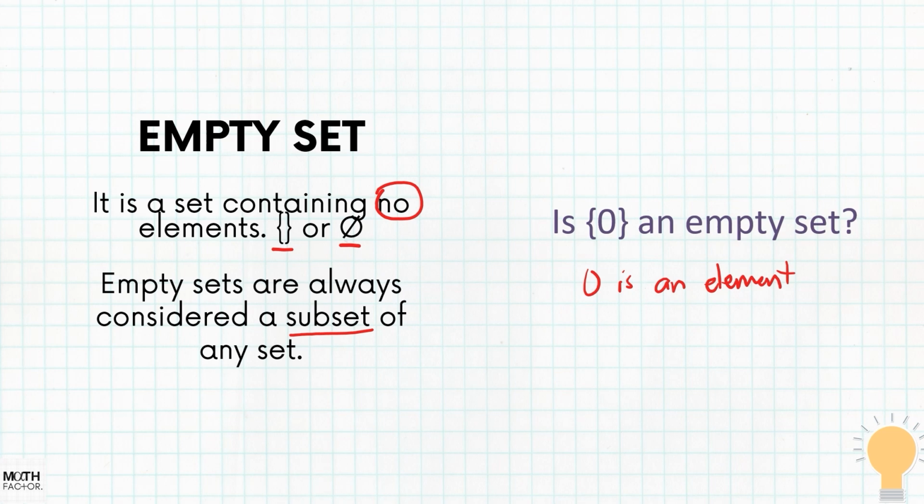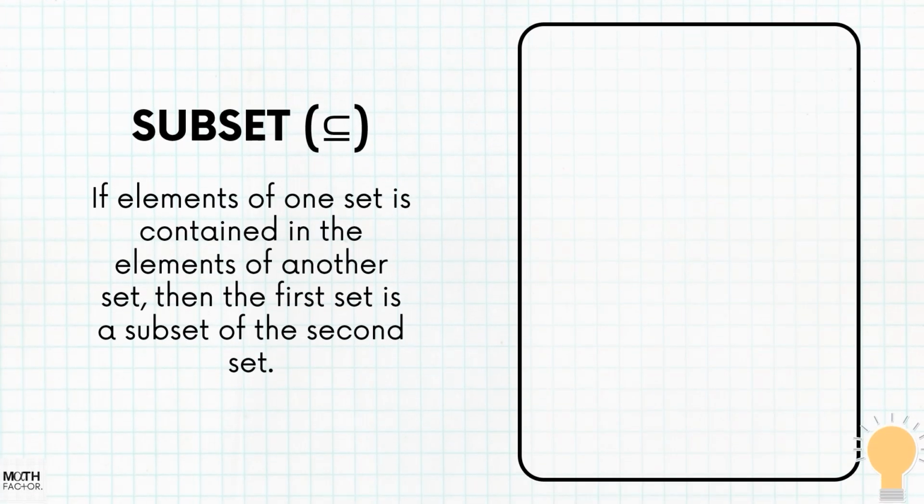A subset. A subset states that if elements of one set is contained in the elements of another set, then the first set is a subset of the second set.